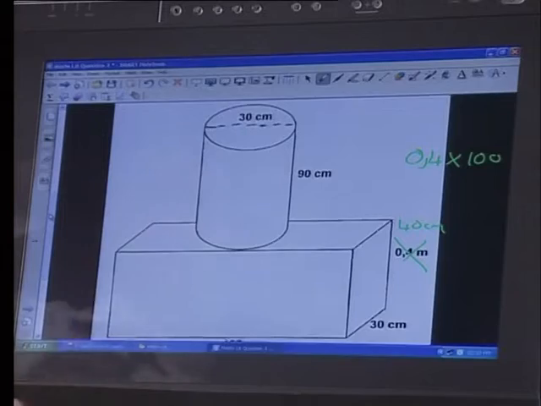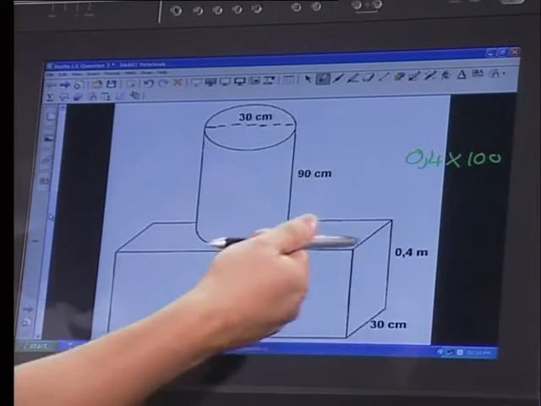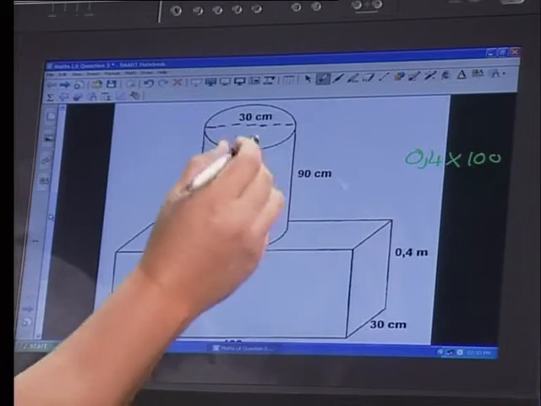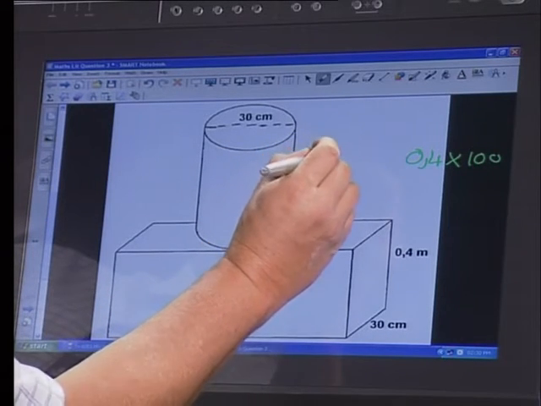Now, folk, I'm going to say this. If you read a question and it says, I want my answer in meters, then straight up front, change all your units to meters, because then you are not going to make a silly mistake. So let's change this back to meters, and I'm going to get 0.9 meters. Why?